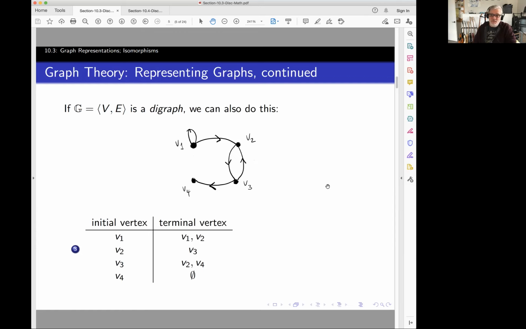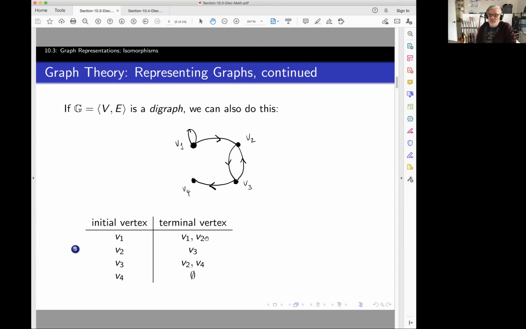We can do the same for a digraph. Recall that a digraph is a directed graph. So now the orientation of edges makes a difference. You can have an adjacency list where you give the initial vertex and then list all the terminal vertices for that particular initial vertex. So here, for example, V1, there's an edge going from V1 to V1, and there's an edge going from V1 to V2.